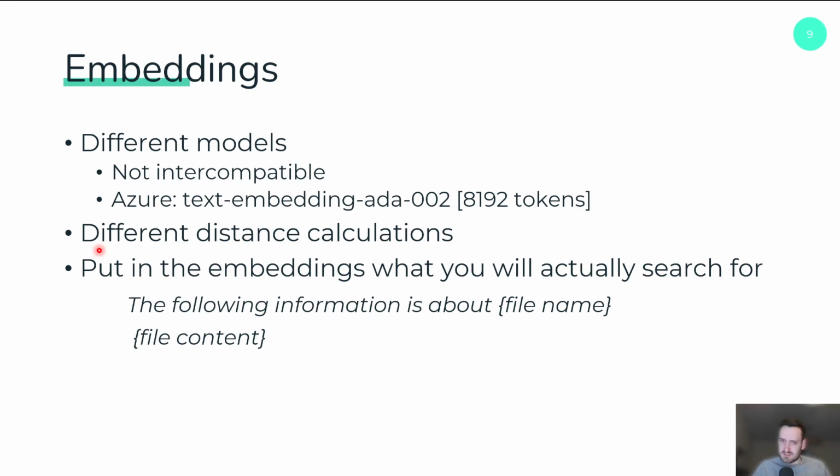So for one of the projects I did, we created a chatbot that could answer questions about the content of PDF documents. However, when the end users started using these chatbots, they were asking questions, but inside the question they were referring to the names of the files. However, the names of the PDF documents were not included in the embeddings.